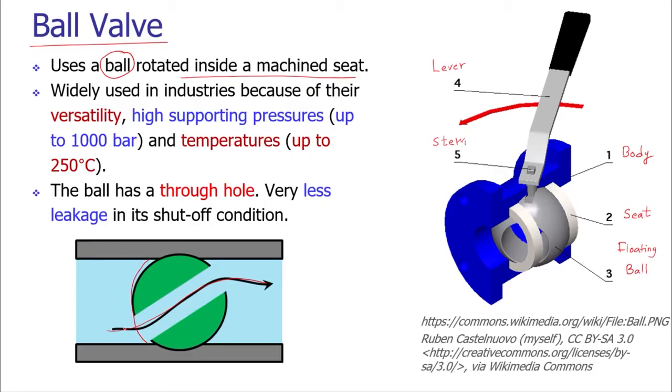The ball valves are widely used for shut-off applications as well. These kinds of valves are used for high pressure applications. Around 1000 bar pressure can be sustained by these ball valves, and they can work at a very high temperature as well, say around 250 degrees Celsius.